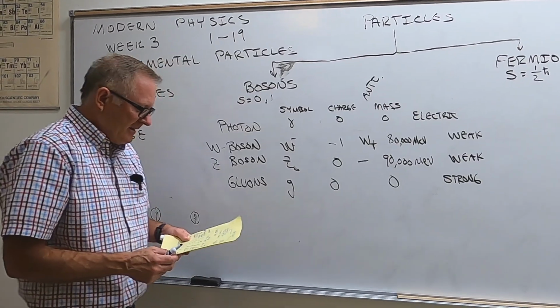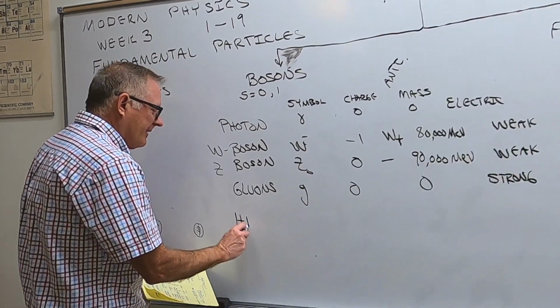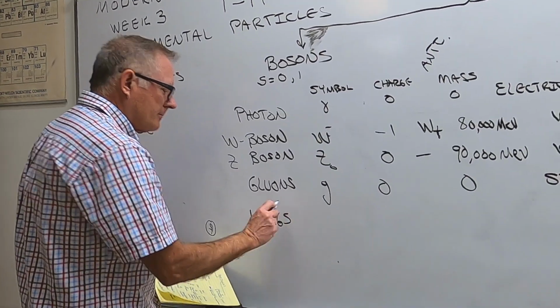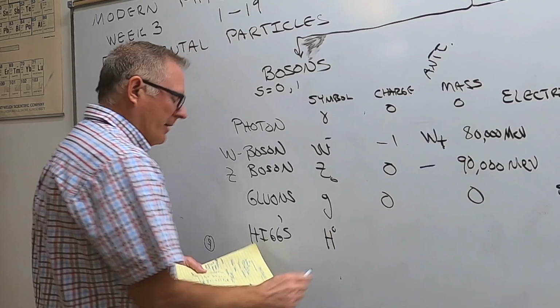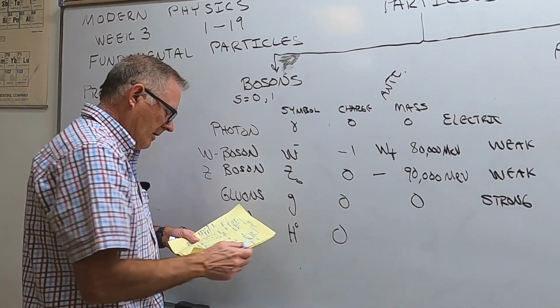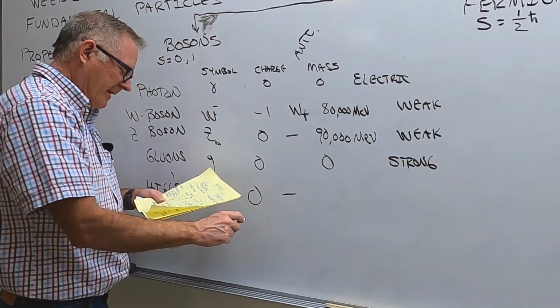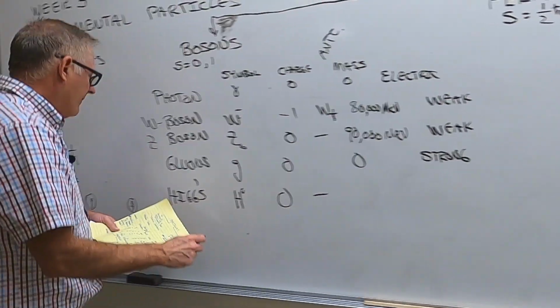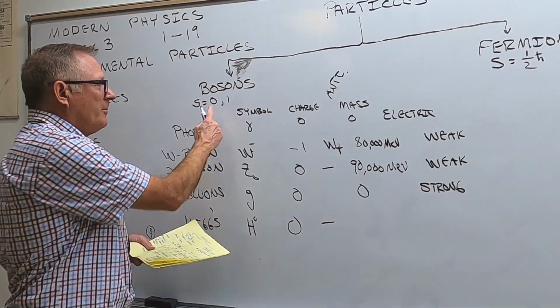Okay. And then we have one other one, which you've probably heard of, the Higgs. They usually just call that H0. That has no charge. And it has no antiparticle. And the spin of this one is actually 2. Remember, they have to be integers.